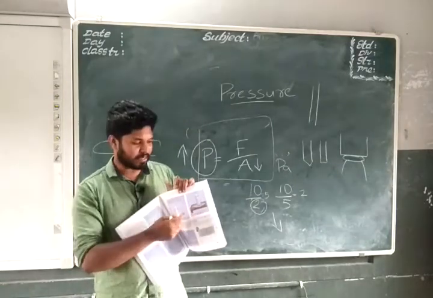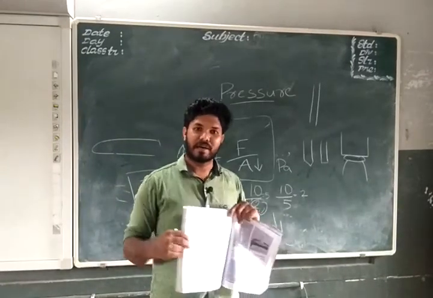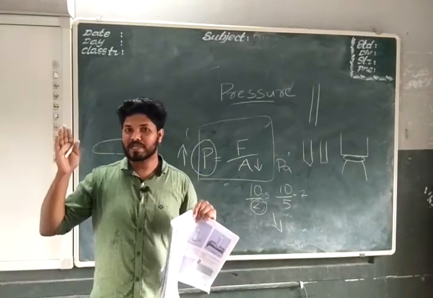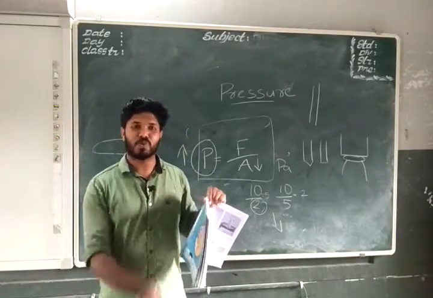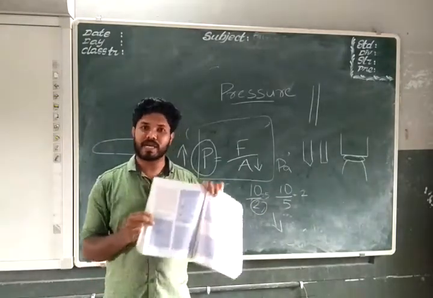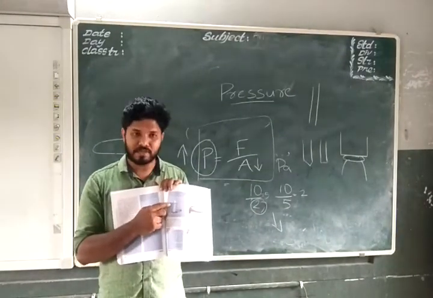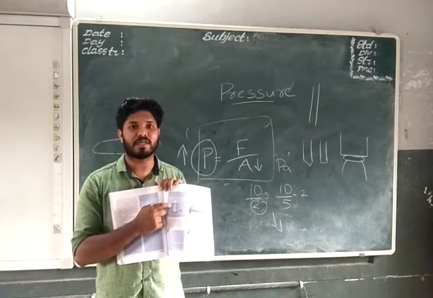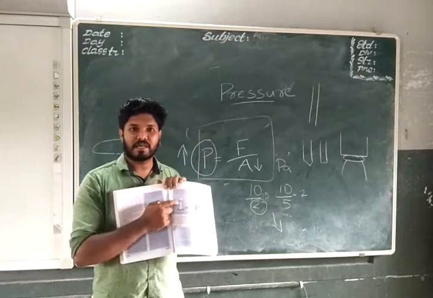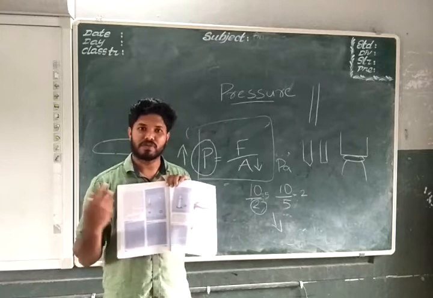The pressure inside the water is spread to all regions, to the sides and to the bottom. And this is applicable to gases also, not only liquids. Gases behave in a similar way to liquids. That is, pressure exerted by a fluid or gas is spread uniformly all over.